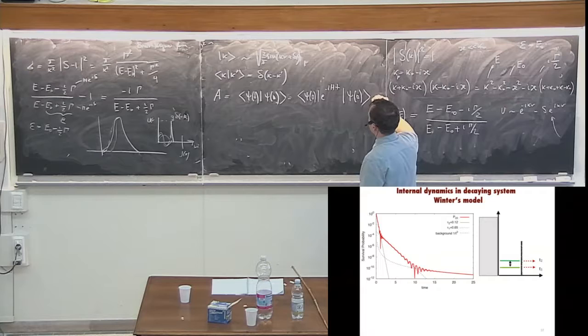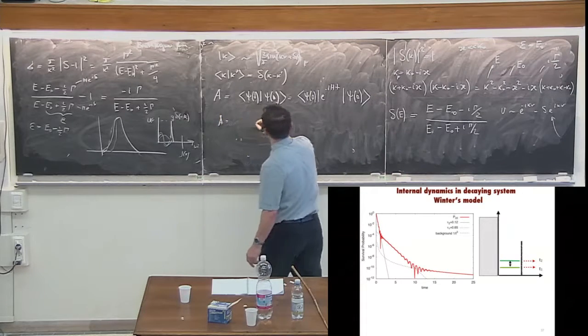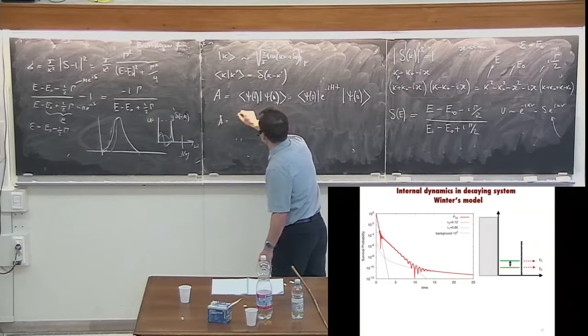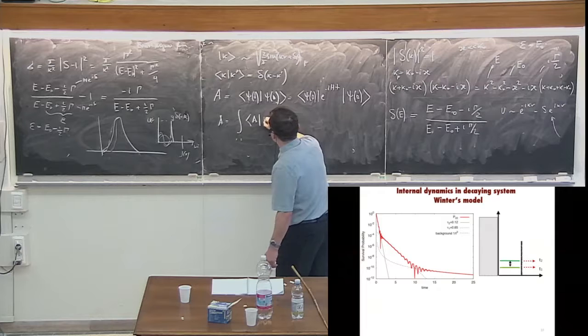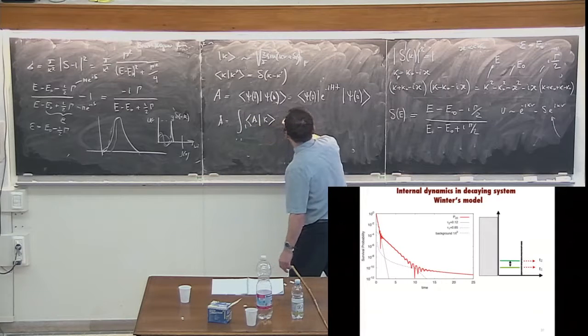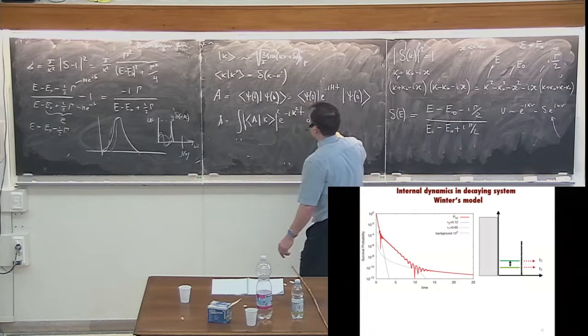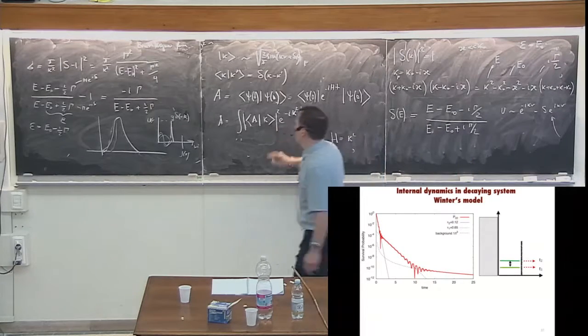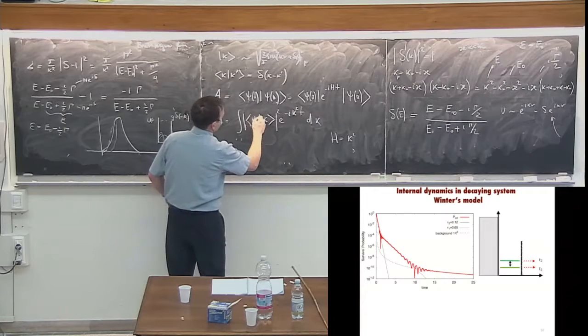You can do this analytically in this problem if you insert a complete set of basis states, and these are eigenstates. So this becomes an integral. Here you have A(k) squared, multiplied by e to the minus i k squared t, dk. For quickness, I just took H equal to k squared without anything, and this A is psi of 0.